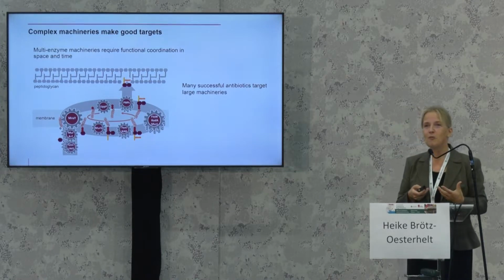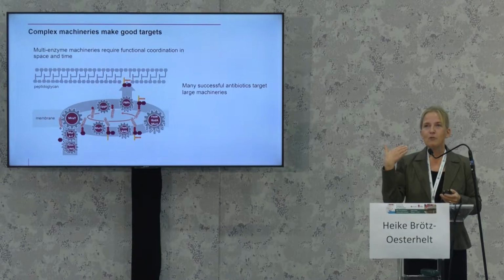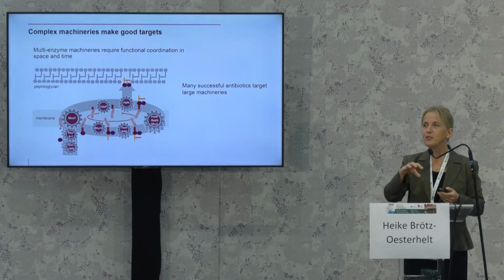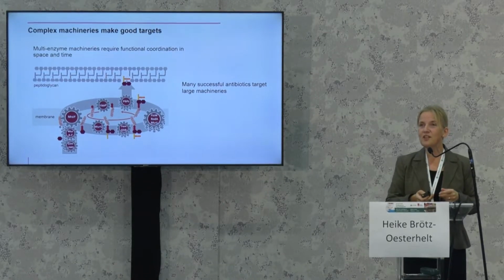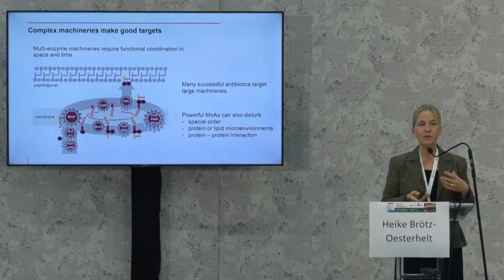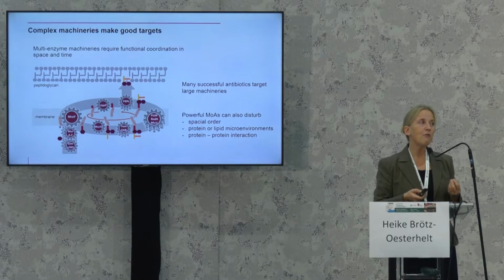And so it's not so much that you most strongly inhibit the particular enzyme reaction. Maybe you insert in a certain place, or you disturb the membrane, or you prevent the interaction, and all this will help to make a powerful mechanism.